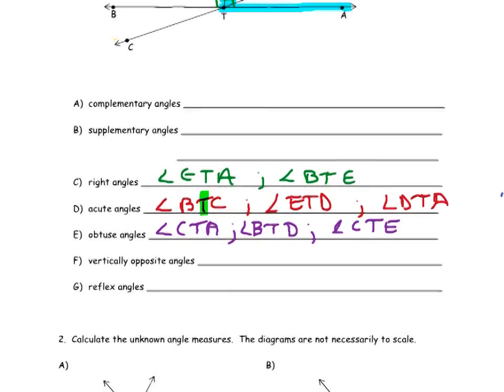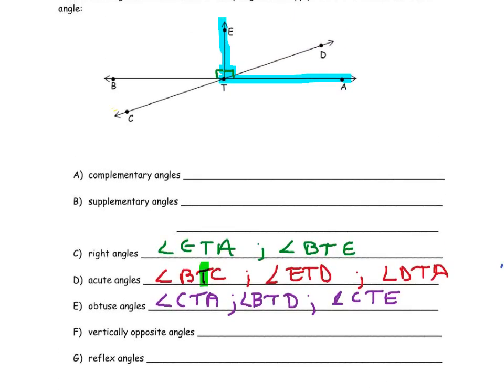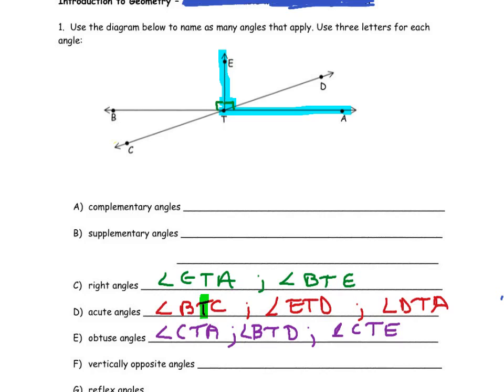Let's talk about the reflex angles now. Reflex angles are, by definition, angles that are greater than 180, but less than a complete revolution of 360. Here's an example.